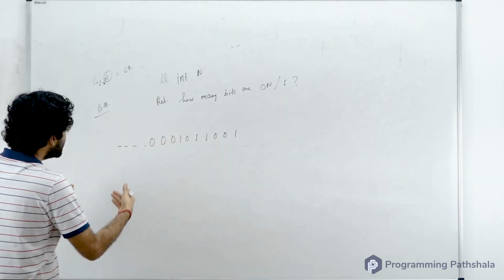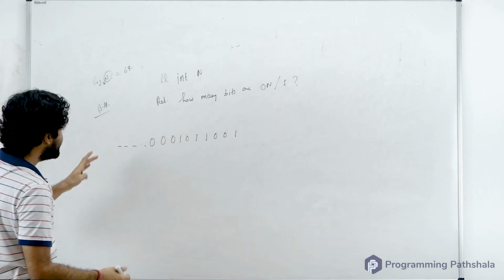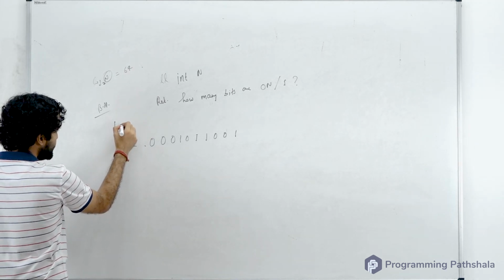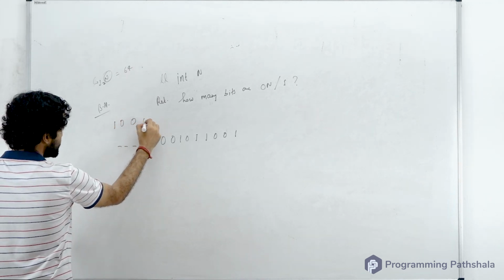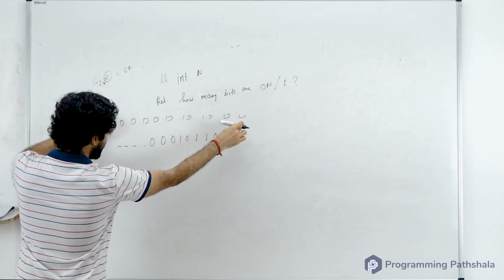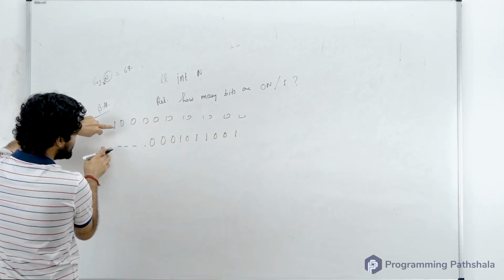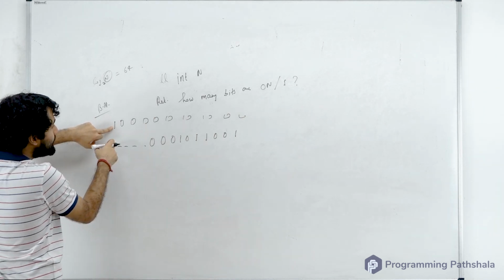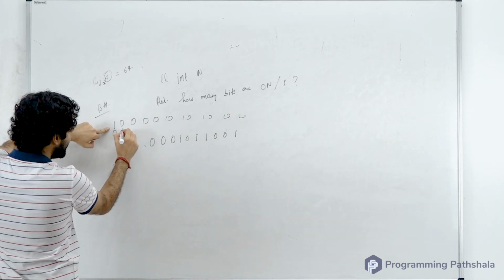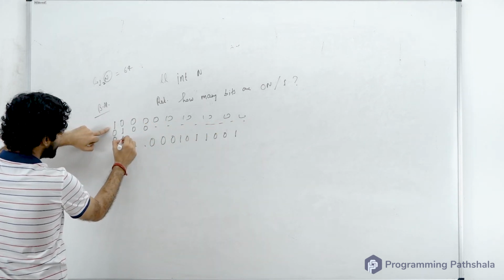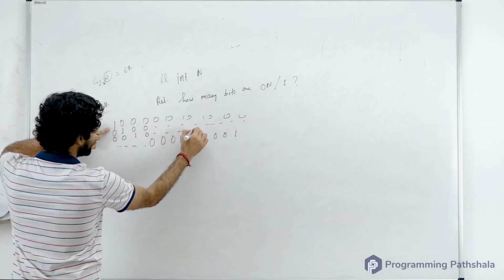So you can start with a bit mask, and that bit mask will be something to start with where there will be 1 over here, and then everything 0, and then you will take AND of that bit mask with this, and then you will check whether the result of that is non-zero or not, and then you would want another bit mask where this is 1 and everything else is 0, and then you would want another bit mask where this.